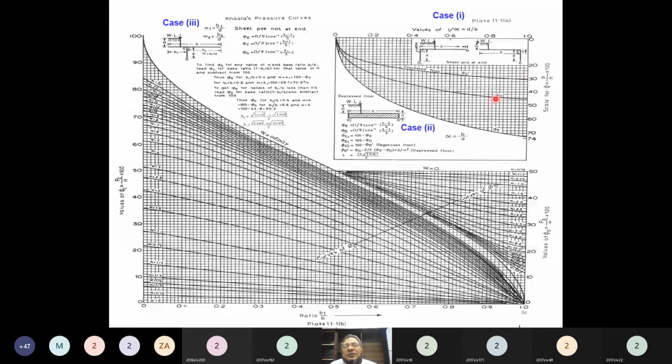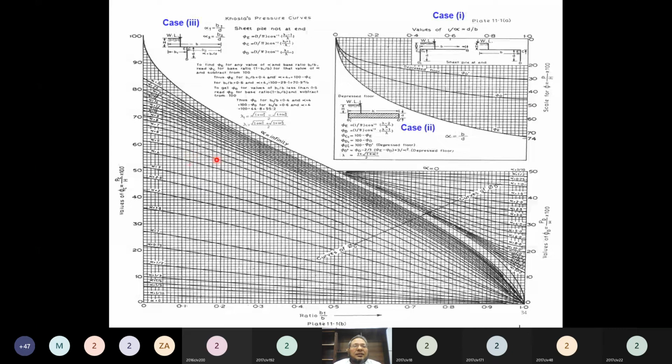Similarly, if you are interested to determine the uplift pressure at point D, which is this one, just compute this alpha value, and where it touches this, you can get in percentage how much percentage is the uplift pressure we have. So where H is the total head, and similarly at point E, you can get this is the point E, and for any value of 1 over alpha, you just touch it and you can get the uplift pressure.